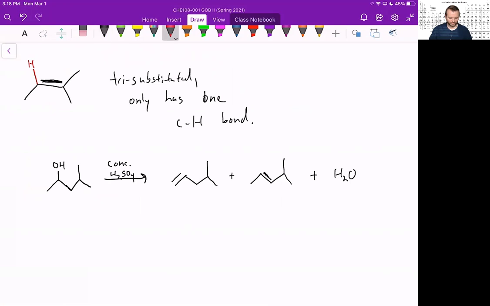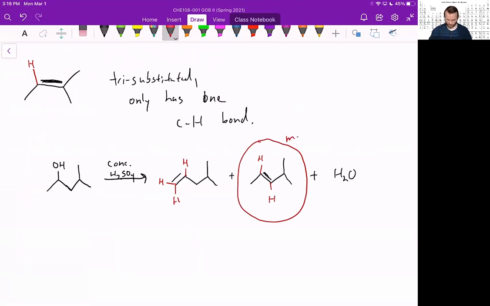Then draw the implied carbon-hydrogen bonds. The alkene on the right has 2 carbon-hydrogen bonds. It's disubstituted. It has fewer carbon-hydrogen bonds around the vinyl carbons.